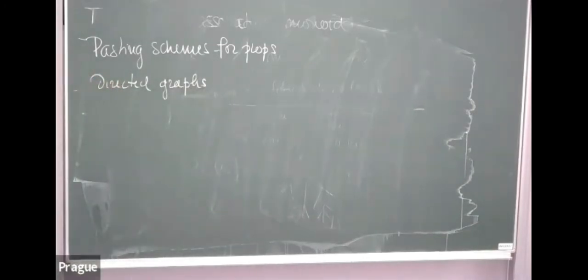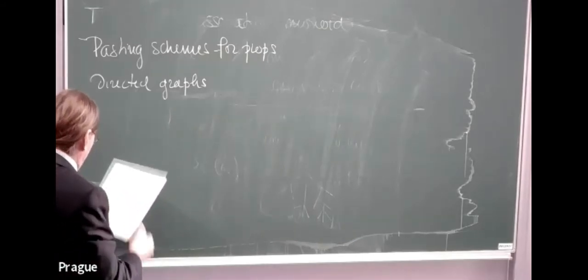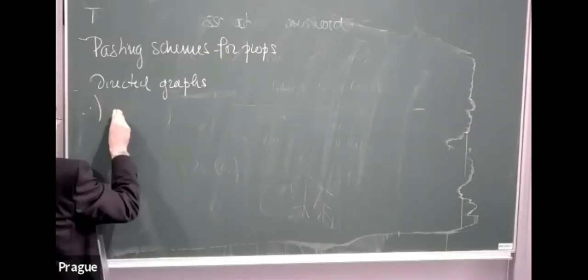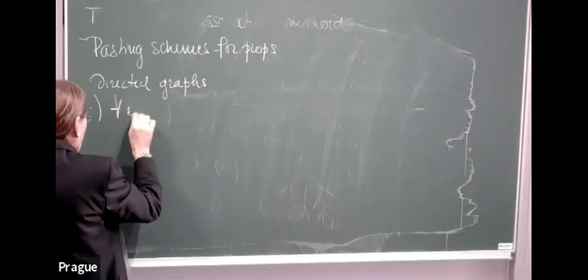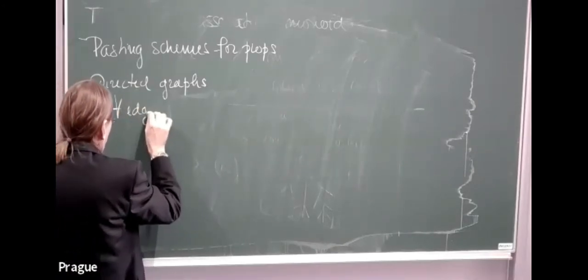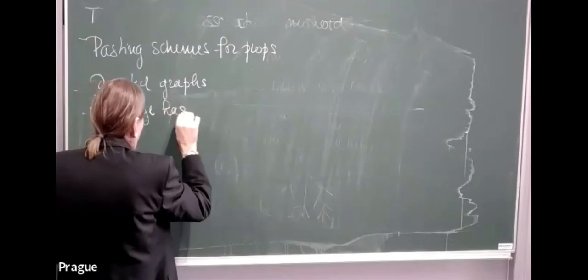So what is a directed graph? First of all, I don't assume anything about connectivity or simple connectivity. And what is directed? It means that each edge has a direction.